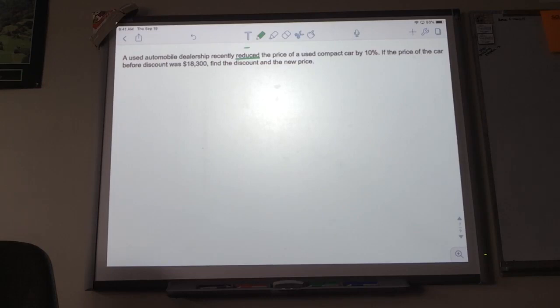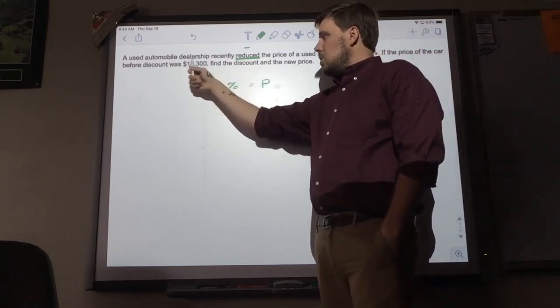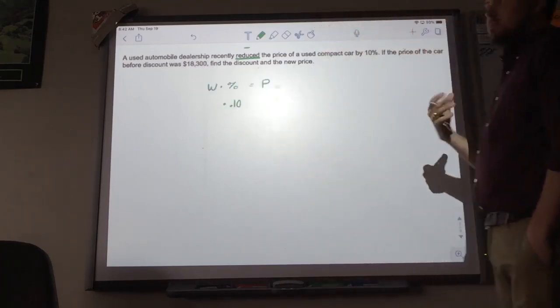So first I do see a percent. So we're going to write down whole multiplied by percent equals P. Okay, we have a percent, so let's change that to 0.1 or 0.10, just so we keep seeing that 10 in there. Okay, so the only other thing they gave us is this. Is that the whole amount of the car or the part that we took off?